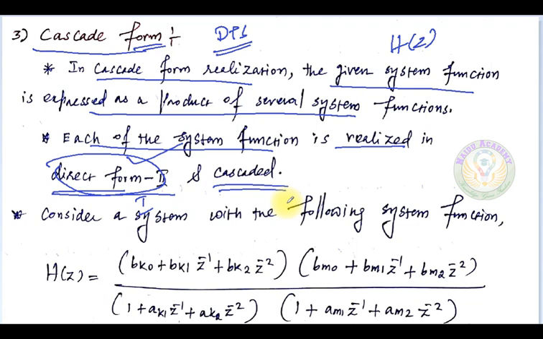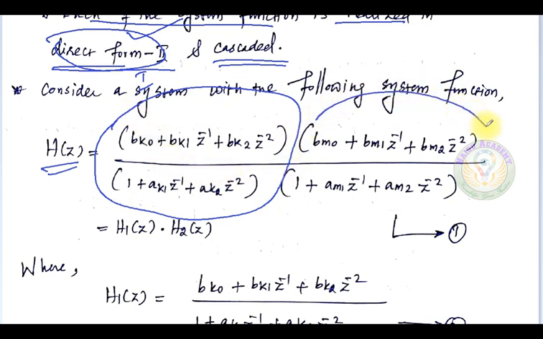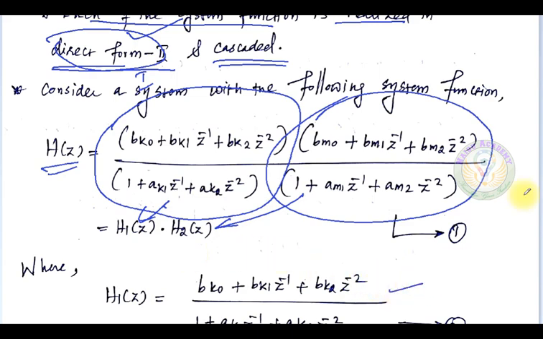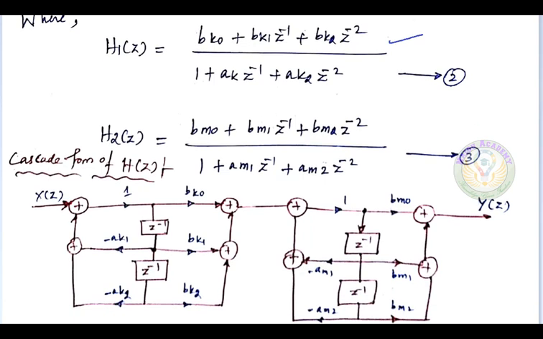For example, consider this given system function, H of z. We are going to represent it as a product of two system functions, this is system function 1 and this is system function 2. These two system functions are realized using direct form 2.